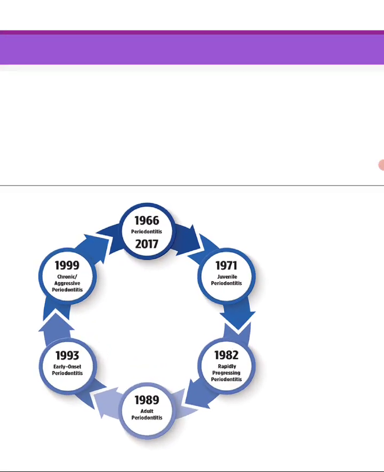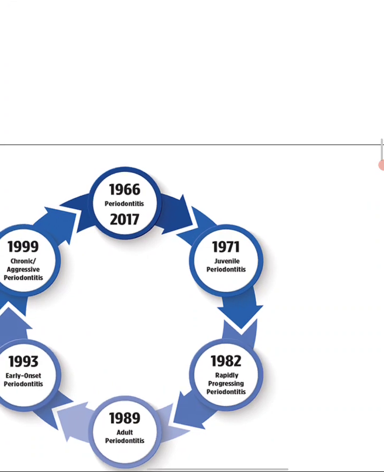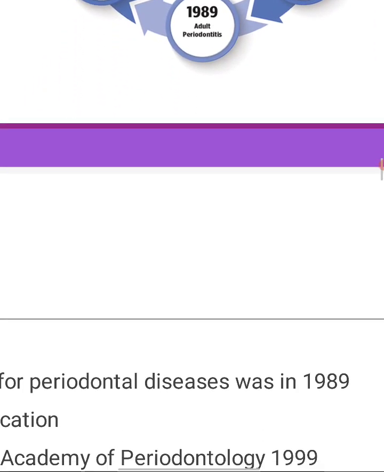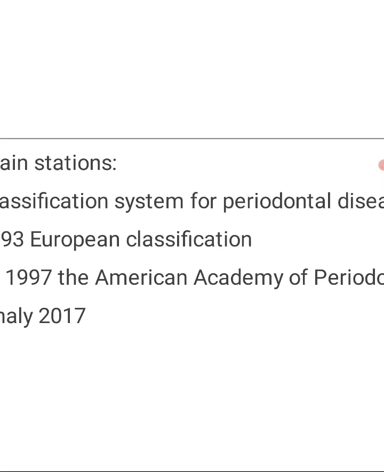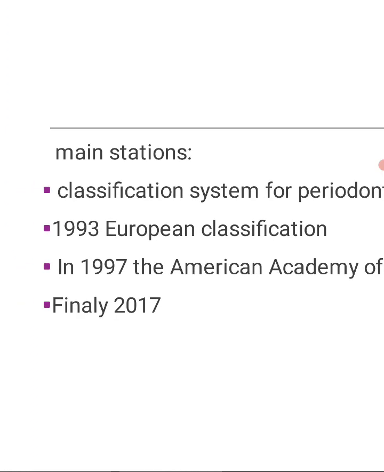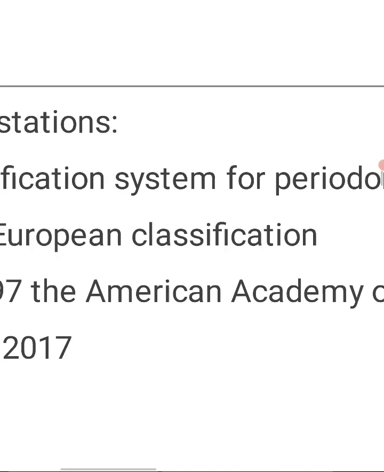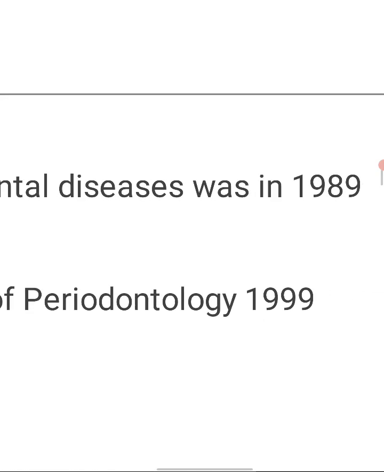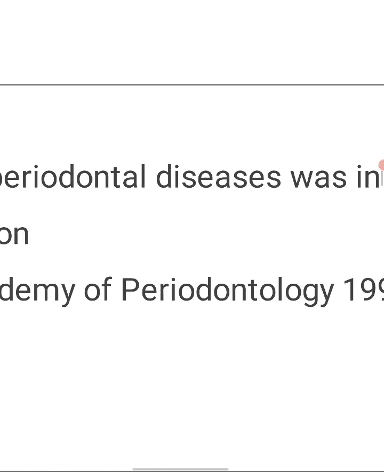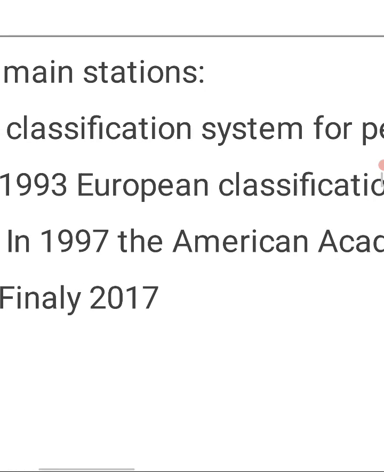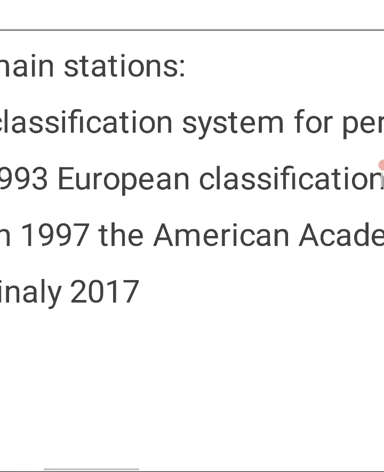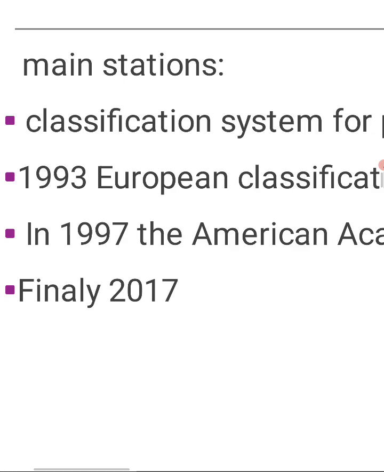So the journey started earlier, in 1966, and the last one was in 2017. Through this journey, we have main stations. Number one is a classification system for periodontal disease in 1989, and then the European classification in 1993.